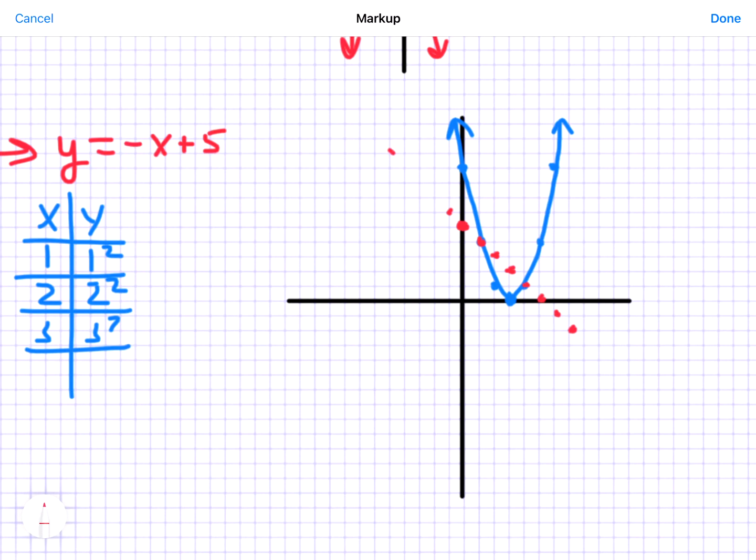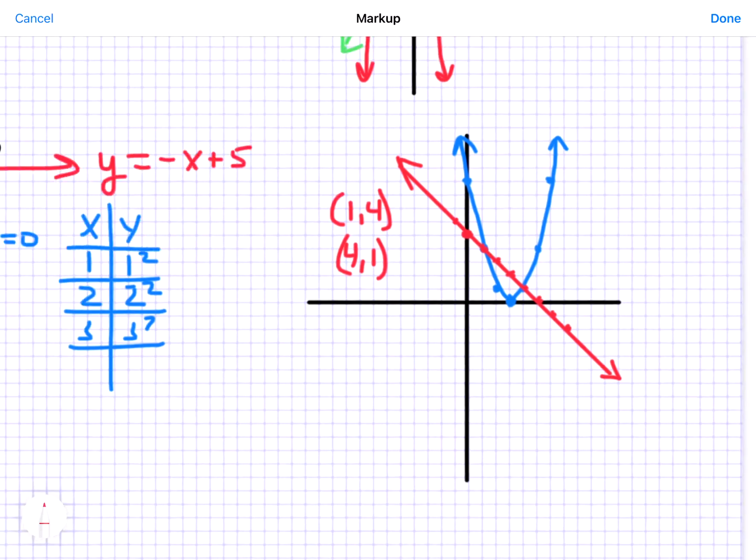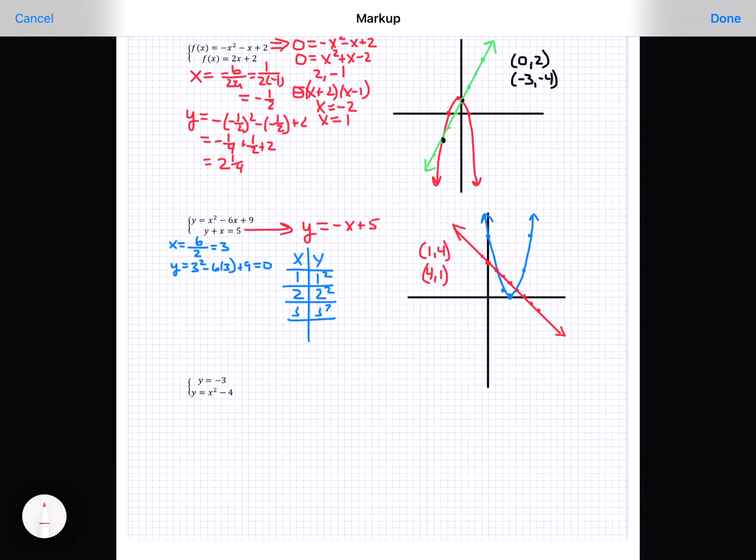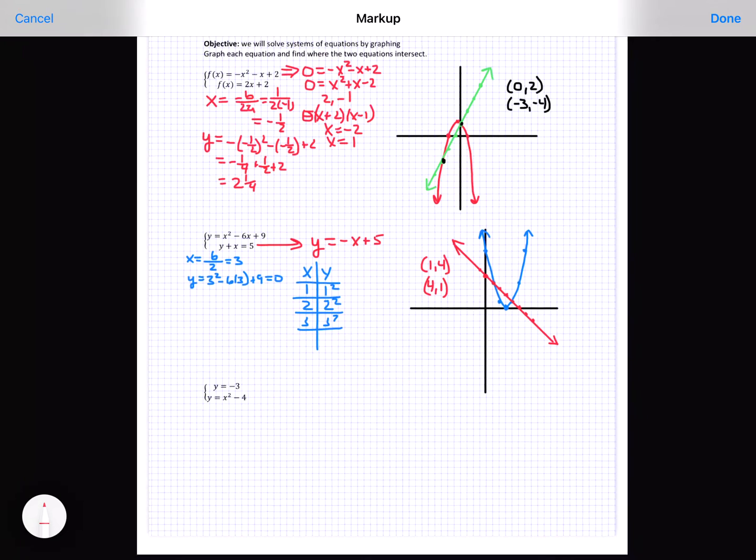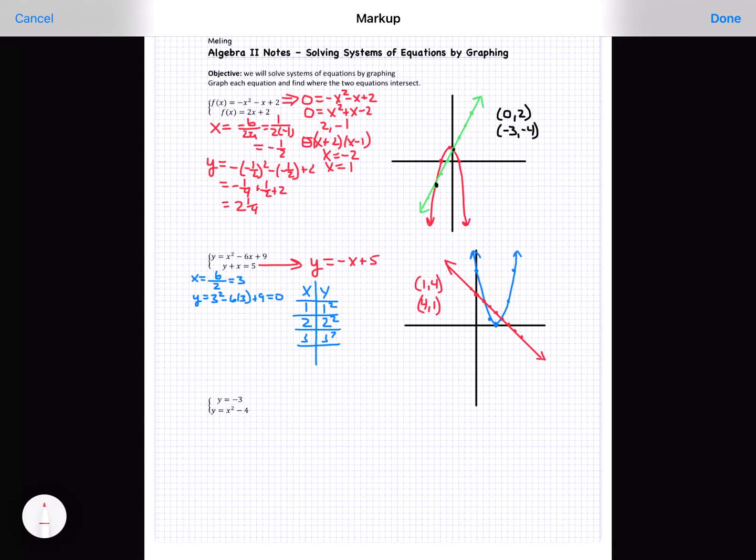And so we can draw that line like that, and we can see where it meets. It looks like it meets at 1, 4 and 4, 1 as our two solutions. So that one was easier to graph because the vertex was on an actual point that we could graph easily and work with.